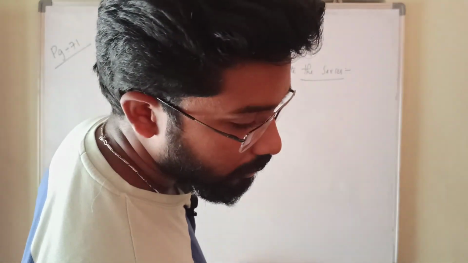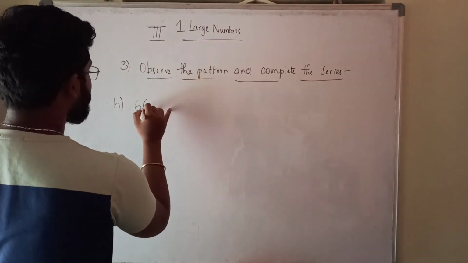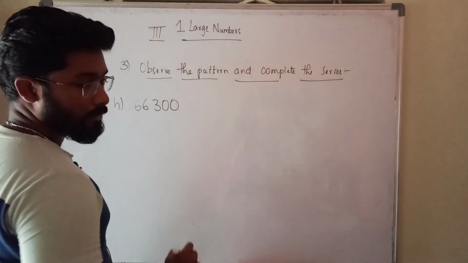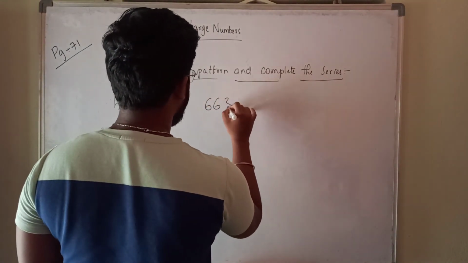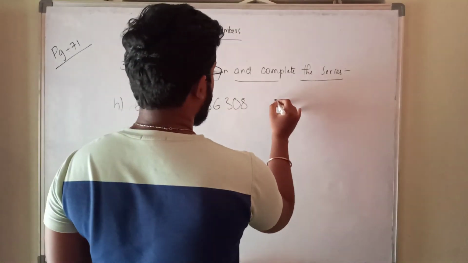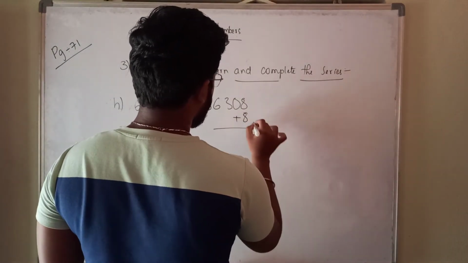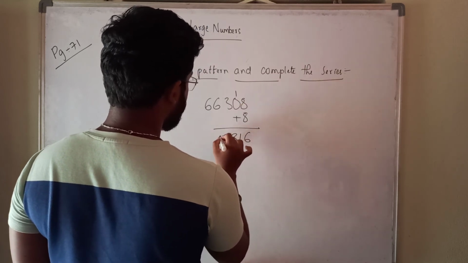What is the question? 66,300. Here it is a skip 8. 66,308. Okay. So next one, you have to add 8 to this one. 8 plus 8, 16. This is 1. This is 3, 6, 6.